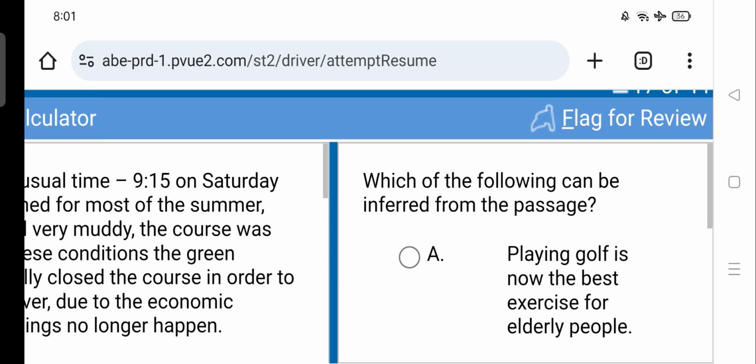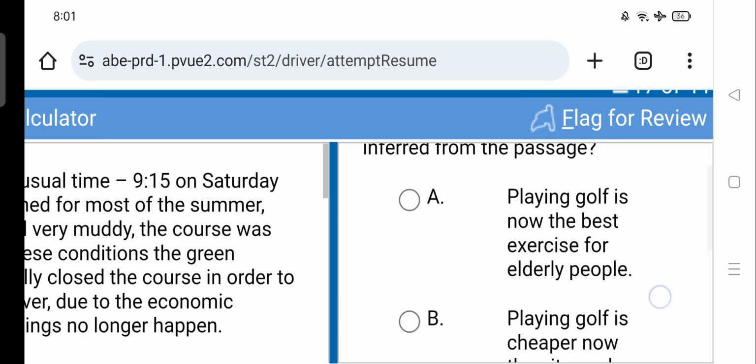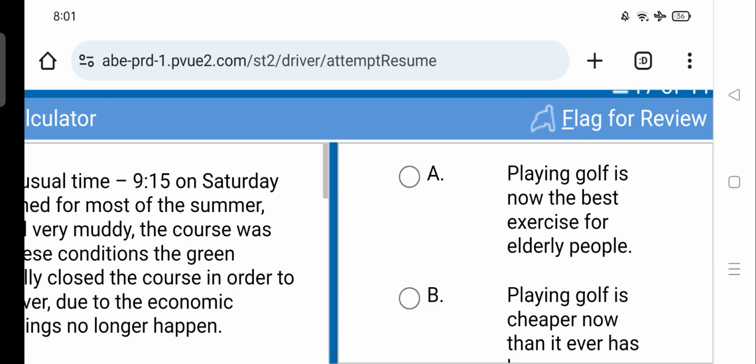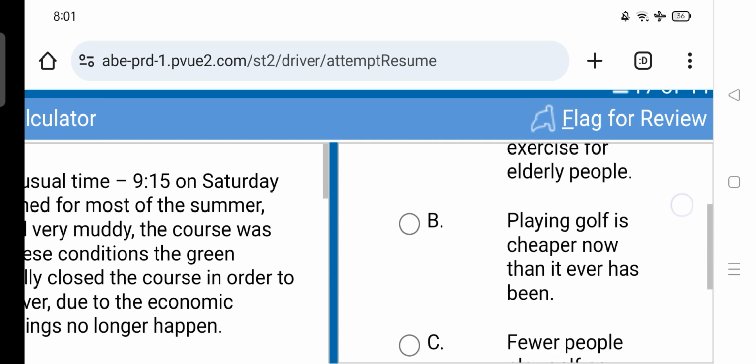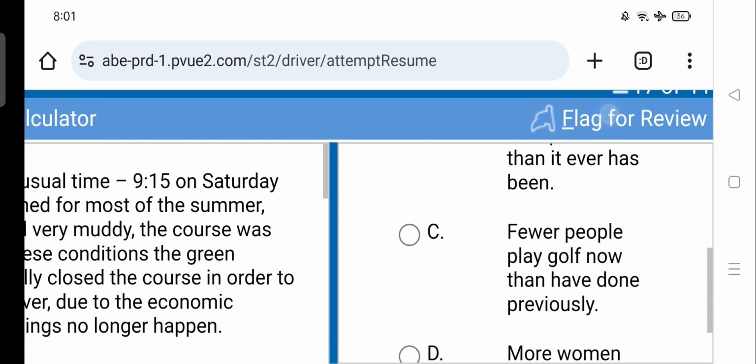Which of the following can be inferred from the passage? Option A, playing golf is now the best exercise for elderly people. Option B, playing golf is cheaper now than it ever has been. Option C, fewer people play golf now than have done previously.